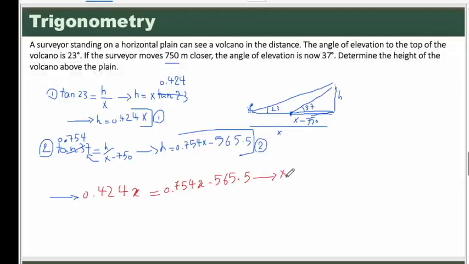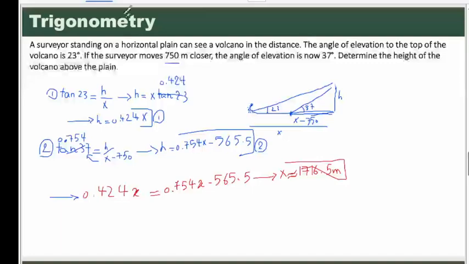The value of x is approximately 1716.5, and the unit would be meters.